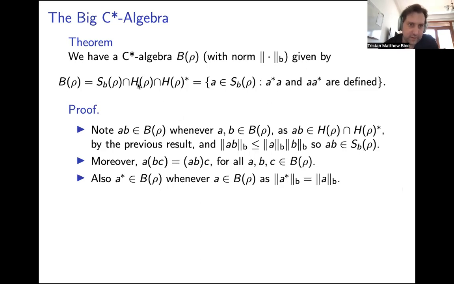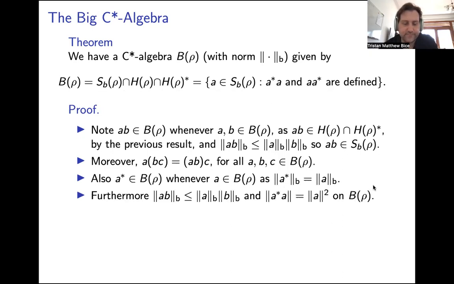I mean, the fact we're taking the intersection of H rho with H rho star immediately means if it's in one, then it's in the other, and vice versa. And we know the B norm is star invariant, so if A has finite B norm, then the exact same bound applies to A star. And again, we know the B norm is subadditive. We know the B norm satisfies the C star condition, right?